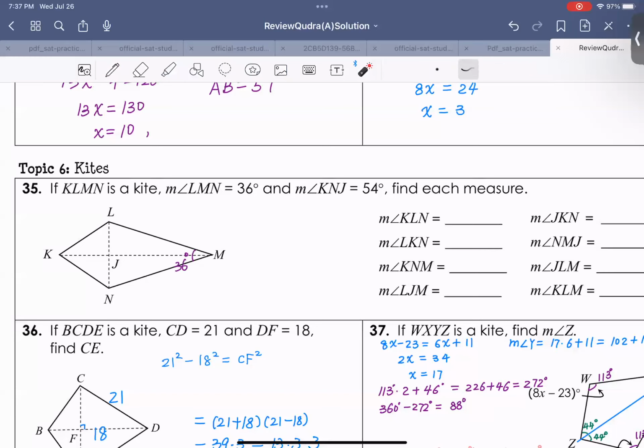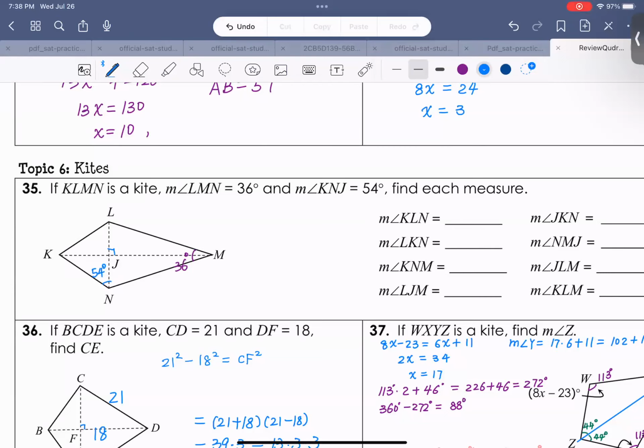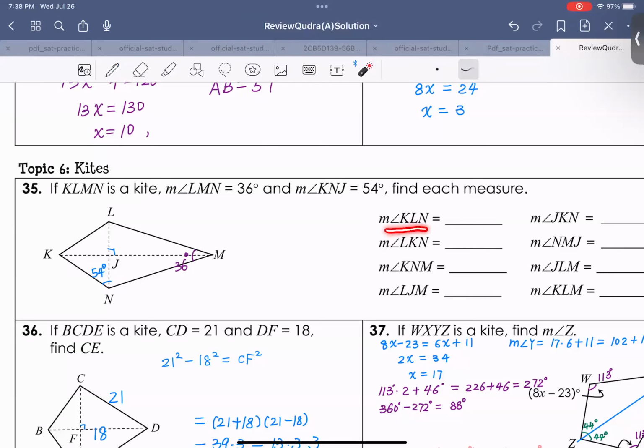And then your K and J, we also know the K and J here is 54, so we can mark this as 54 degrees. Yes? The kite has a 90 degree angle right here. Now let's go ahead. What is KLN? Do I do it? Yeah. What is KLN?